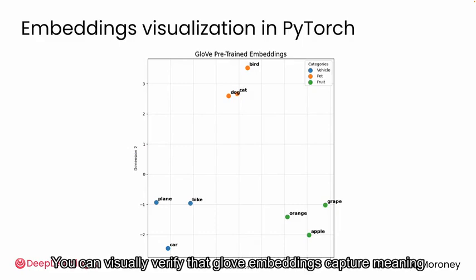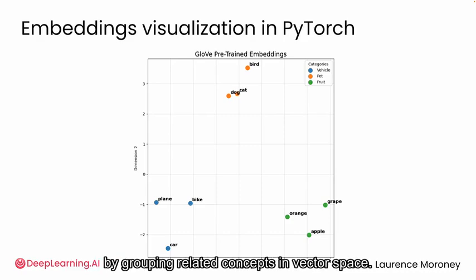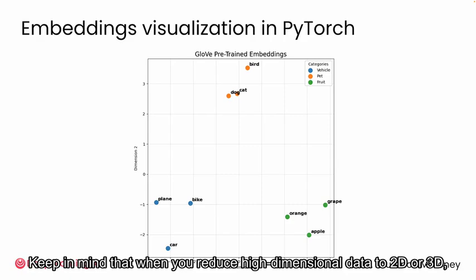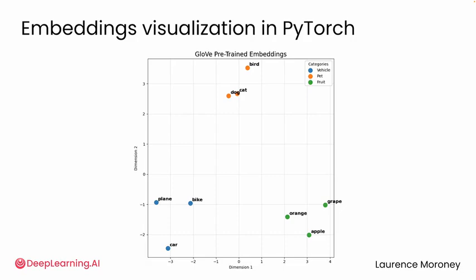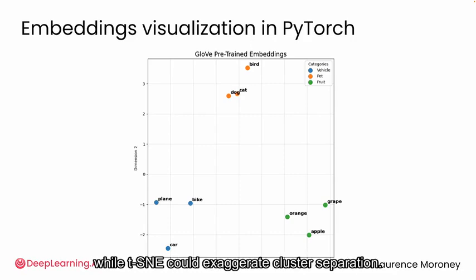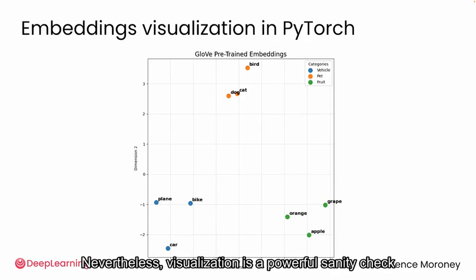You can visually verify that GloVe embeddings capture meaning by grouping related concepts in vector space. Keep in mind that when you reduce high-dimensional data to 2D or 3D, some information might get lost. PCA may distort less important dimensional distances, while t-SNE could exaggerate cluster separation. Nevertheless, visualization is a powerful sanity check to determine if the embeddings work as expected.